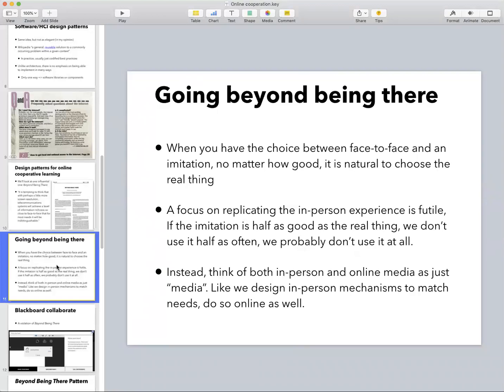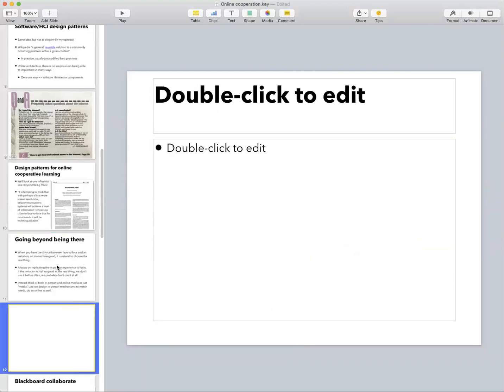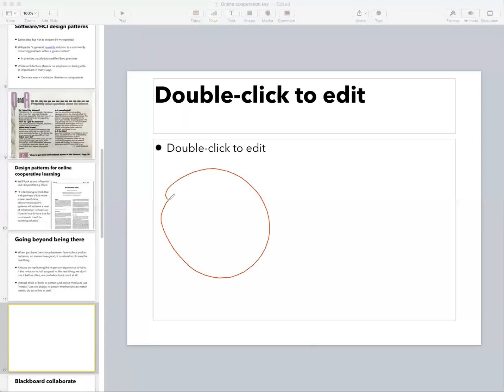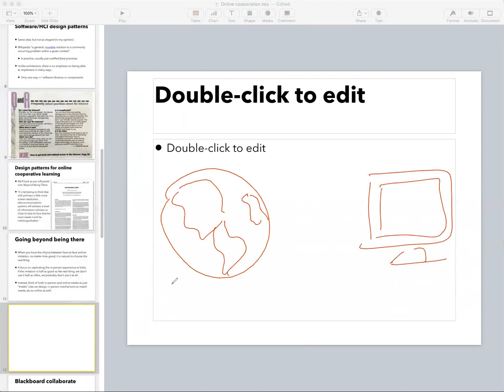And I'll make this a little bit more graphical here. So this is my drawing of a globe, and this is our idea of what it is online. So here you have the physical world, here you have the online world.